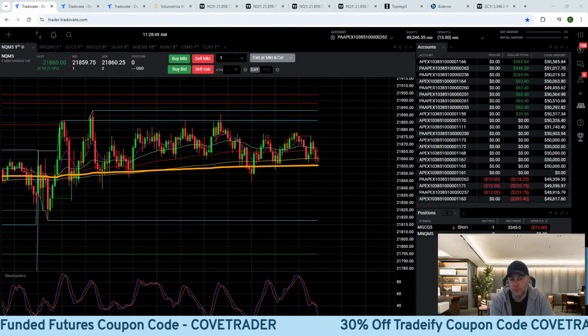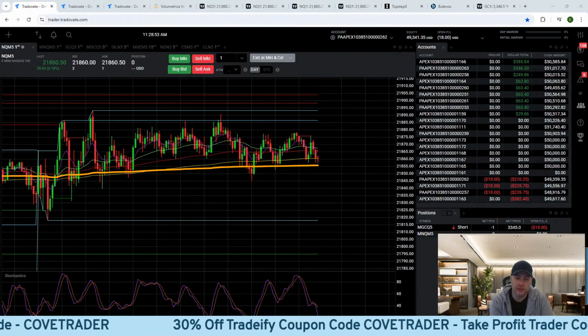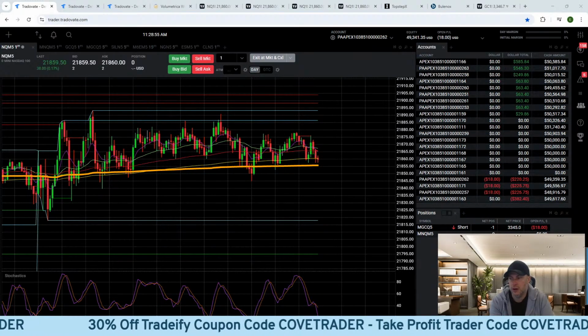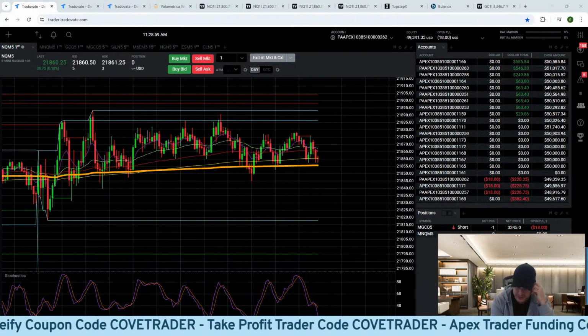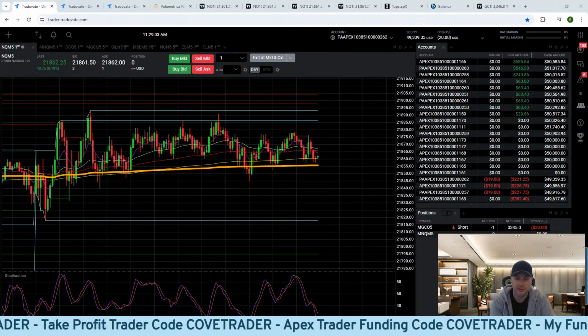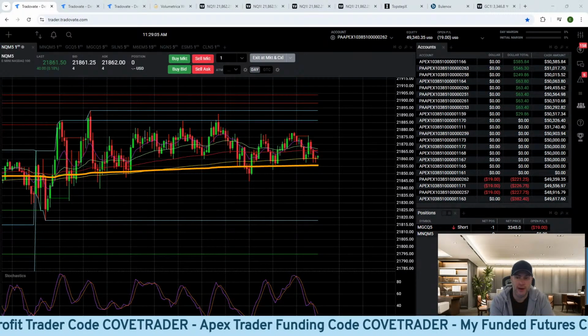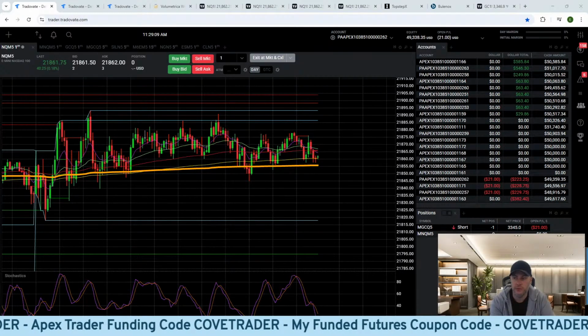My third would probably be Apex, only because they have cheap accounts. If you can load up when they're 90% off, it's $16. And you just kind of follow the rules easily. My fourth would be Tradeify. Tradeify is very much like My Funded Futures.